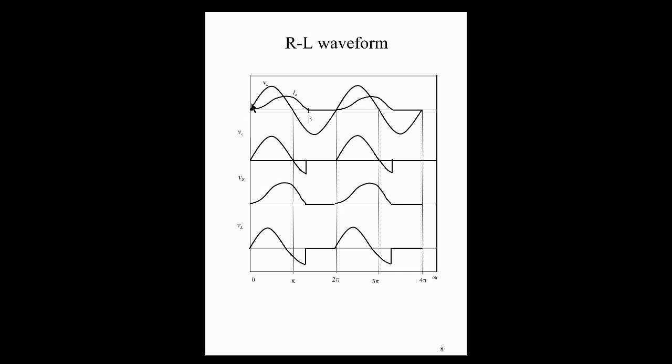However, with your inductor, or your inductive load with a resistive load, you observe this kind of phase shift. Also, this point at which the current through the diode goes to 0, we refer to this as our beta.